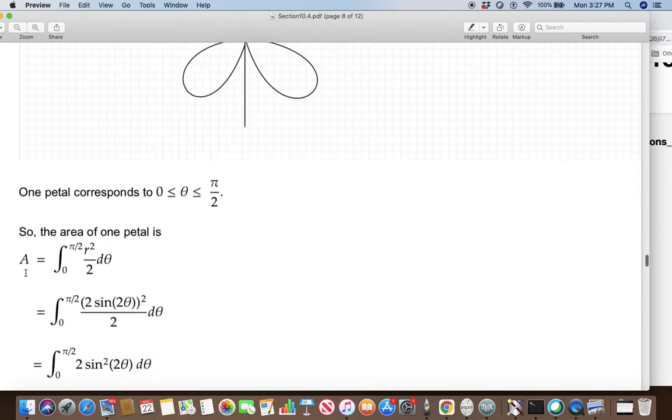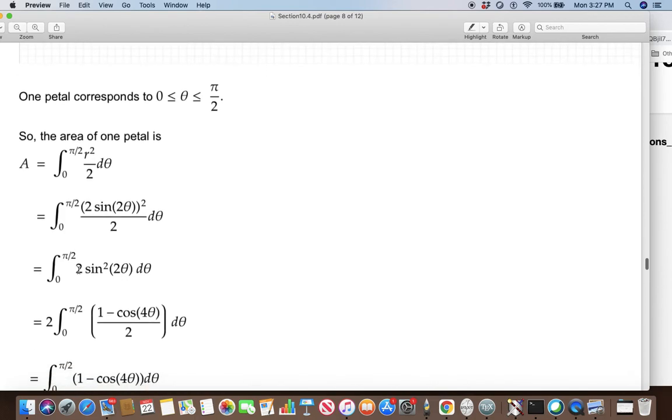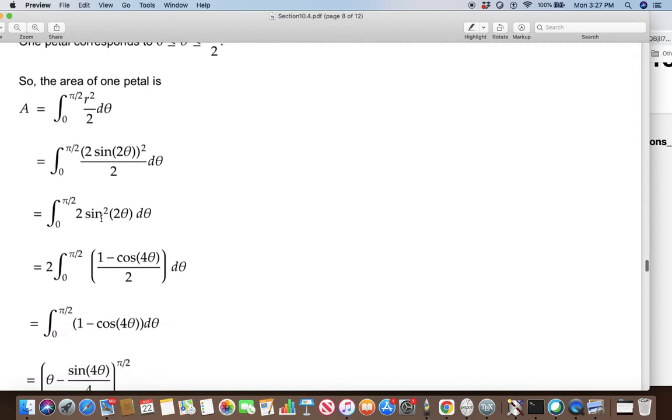All right. Area is 0 to pi over 2 of r squared over 2 d theta. r itself is 2 sine 2 theta. Its square: 2 squared is 4, but that 4 divided by 2 is a 2, and sine squared 2 theta. Sine squared itself is 1 minus cosine of twice the angle over 2. Notice we have taken the 2 out.